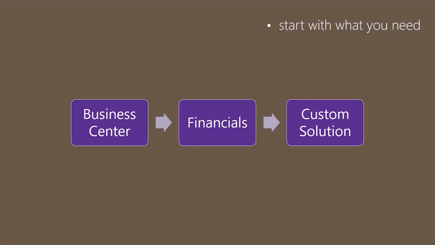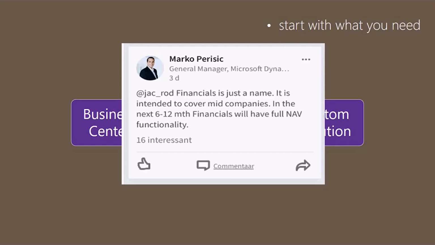And maybe that's new for a lot of people, that Dynamics 365 will have in the end the same functionality as the on-prem product. And at the moment, probably one of the best ways to keep in touch with what is happening with NAV is to follow Marko Pericic on LinkedIn, because he's sharing a lot more information via this LinkedIn profile than Microsoft is officially doing via their marketing channels.